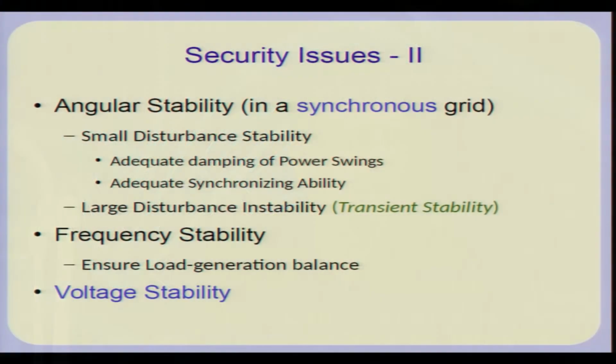Now, we also saw frequency stability, which is affected by governors and low frequency generation, and of course, there is another interesting phenomenon which is called voltage stability, and we will discuss this now.